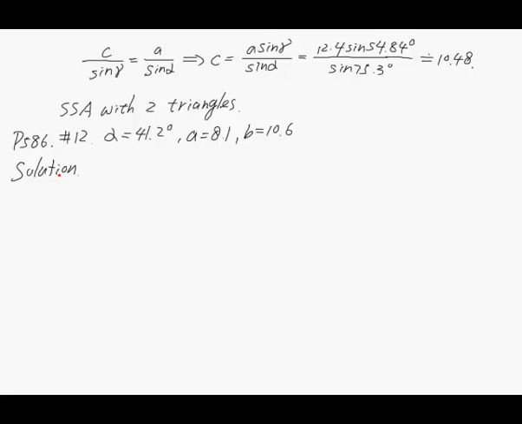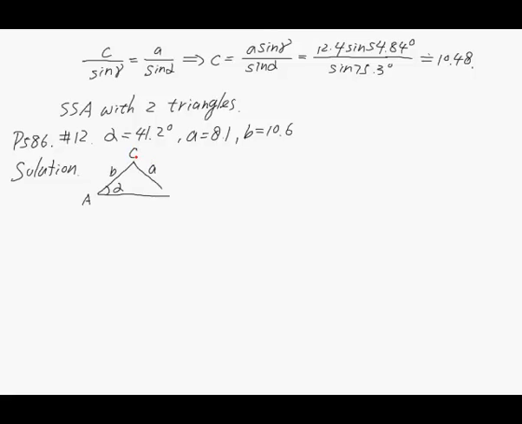So let's draw the sketch. This is alpha, and the vertex is A, and this is b, and this is a.